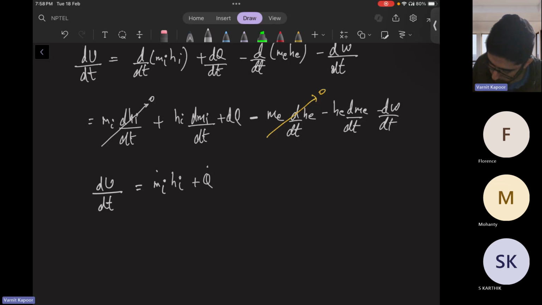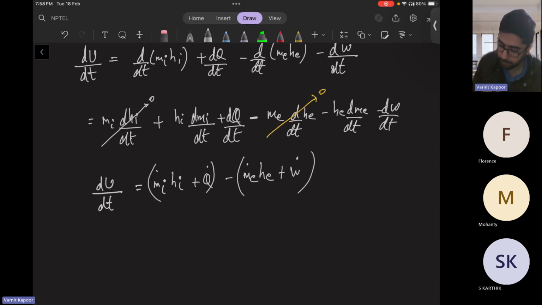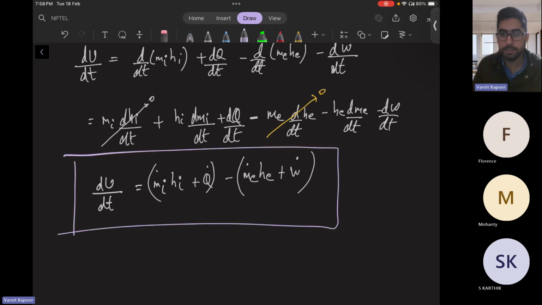Plus dQ by dt was also there, so dQ by dt I'm writing as Q dot, minus me dot he minus W dot. Although you can write it like this as well. The final expression of the unsteady flow energy equation in terms of internal energy comes out like this.